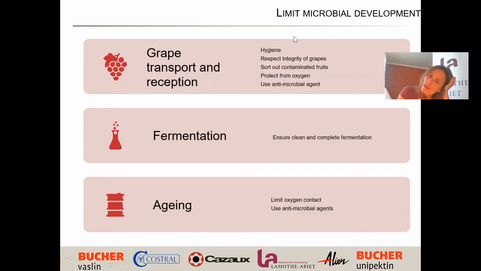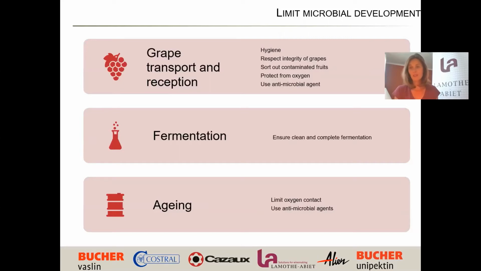Then when we arrive at the fermentation, the most important thing is to ensure a clean and complete fermentation. So you want to make sure you treat your yeast properly and also your bacteria properly. The idea of co-inoculation can be a very good idea, because in this case you limit the moment where your wine is not protected and where there is no dominant population, so there is a high risk.